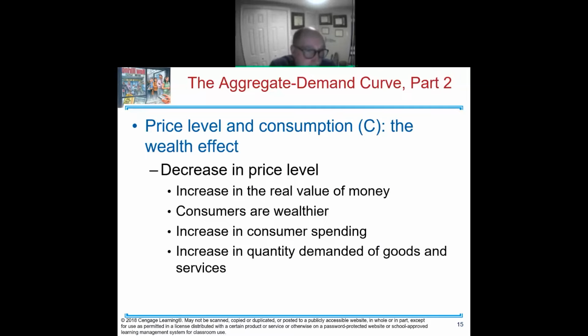C, which is consumption, price levels in C, consumption. Consumption and wealth, it's really the same. When somebody's said to be wealthy, it means that they're spending a lot of their income, hopefully their income, not somebody else's.